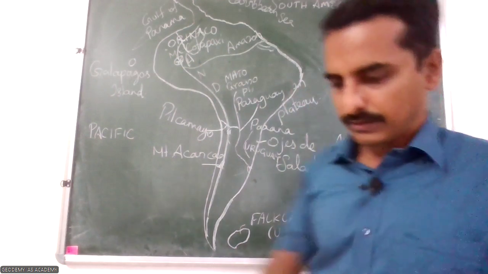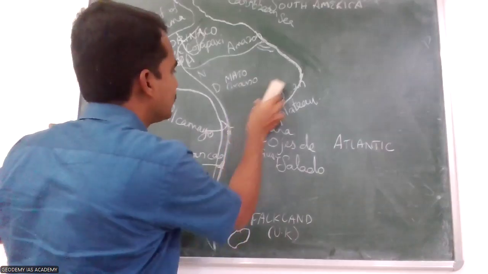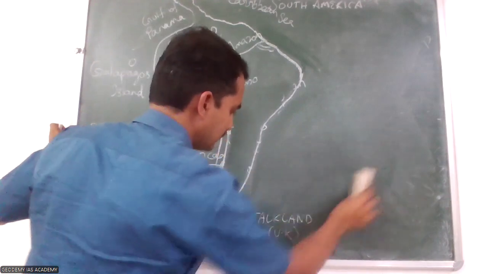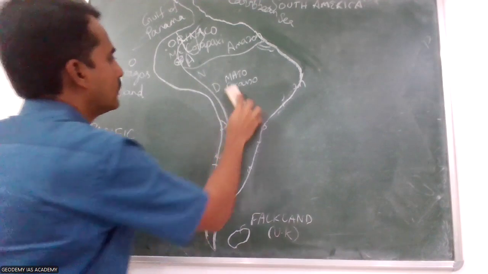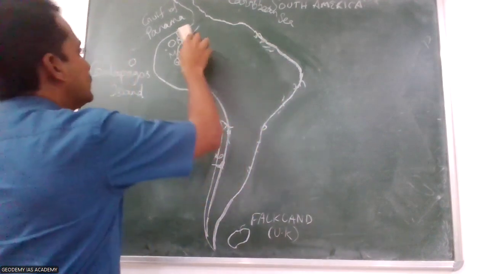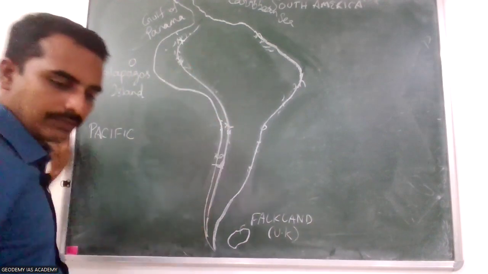Then, as usual, we should know the climatic conditions of the region, and an important desert, that is the Atacama Desert. That is the world's driest desert, which is located in the southern hemisphere.